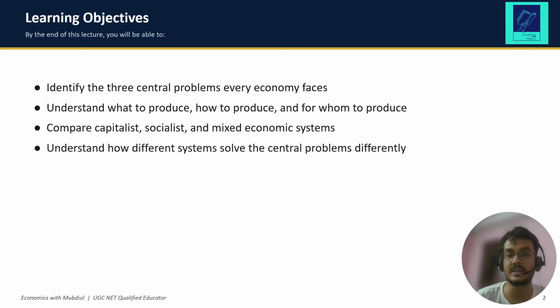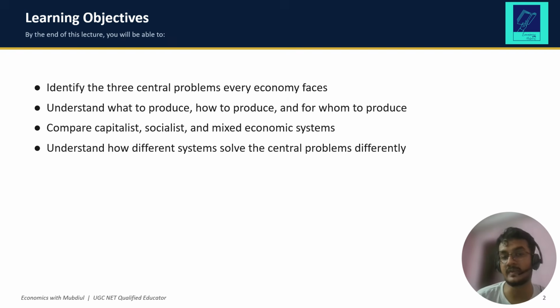Our third objective is to compare different economic systems. You will learn how a capitalist economy, a socialist economy, and a mixed economy answer these same questions differently. It is like asking three different chefs to prepare the same dish. Each chef has a different method.